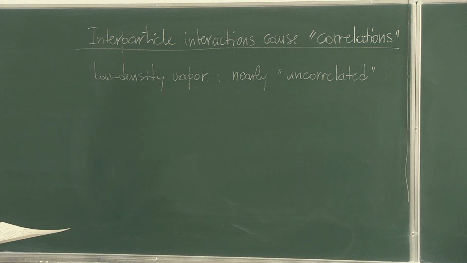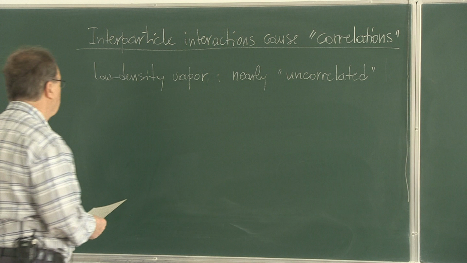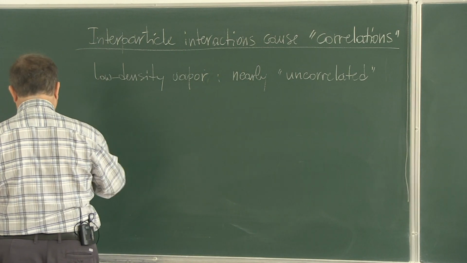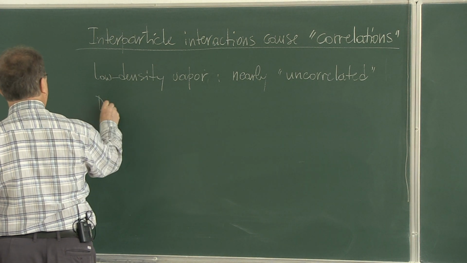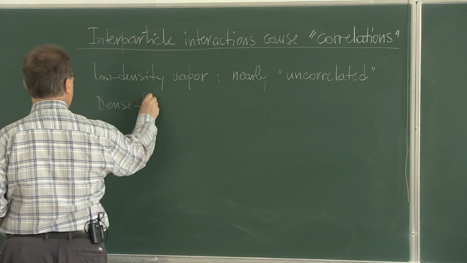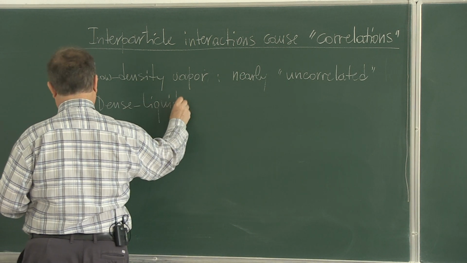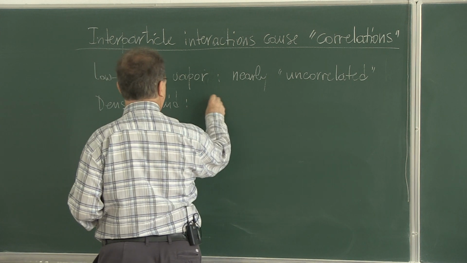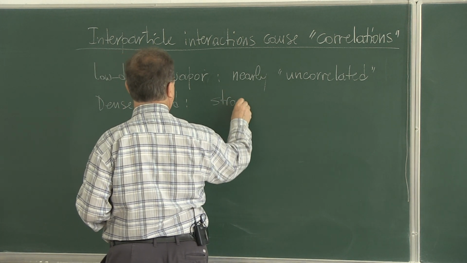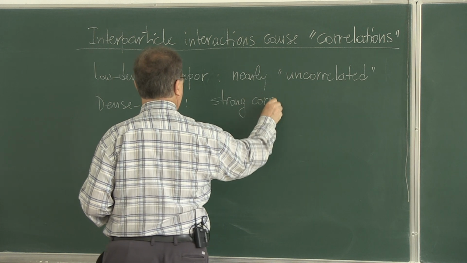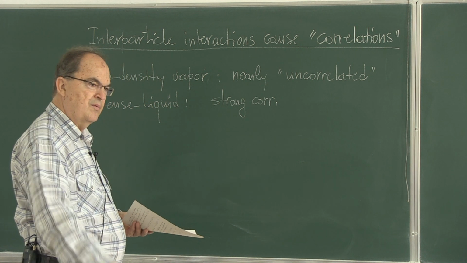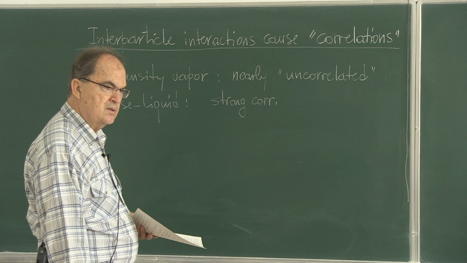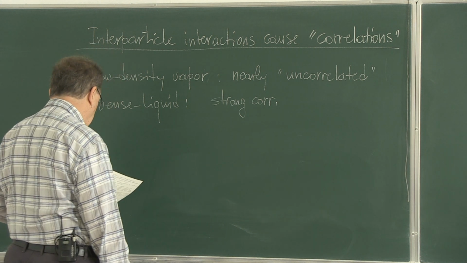If there is an order, it must be a very short range order. Liquids, dense liquid: strong correlation, but these are decaying very quickly at large distances, short range order in other words.